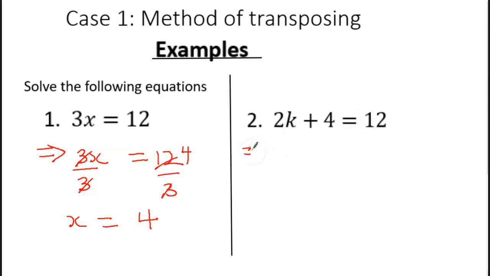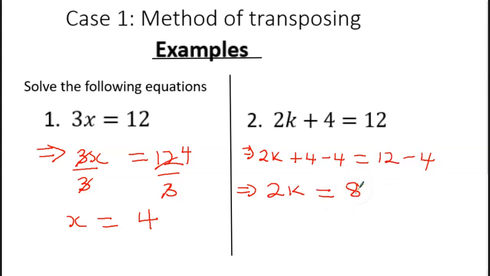So you have 2k plus 4 minus 4 is equal to 12 minus 4. So 4 minus 4 goes, and we are left with 2k on this side, which is equal to 12 minus 4, which is 8. As we did in example 1, to find k, we need to divide both sides by 2. 2 will cancel 2, then we have k equal to 4.